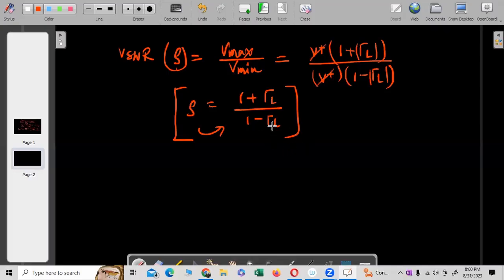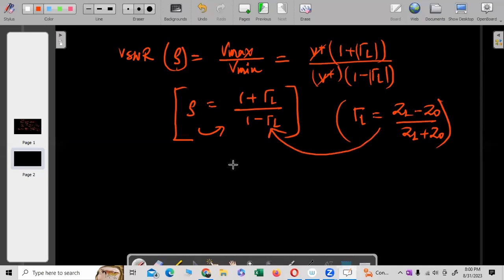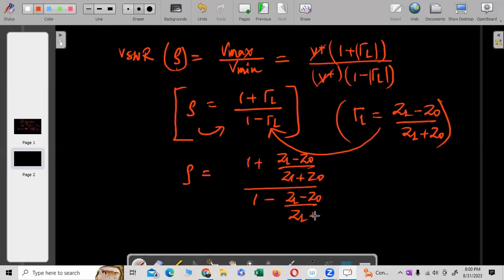So we know that gamma L is nothing but (ZL minus Z naught) divided by (ZL plus Z naught). Please revise. So rho will be 1 plus (ZL minus Z naught)/(ZL plus Z naught) divided by 1 minus (ZL minus Z naught)/(ZL plus Z naught). Correct? So what will be coming?